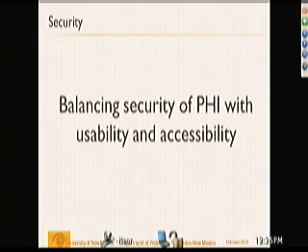And what you're trying to do here is balance the security of your protected health information with usability and accessibility. So obviously, yeah, we could lock all this stuff down completely, and nobody can get to it, but, well, nobody can get to it, so what's the use of the information? You make it so usable that anybody can get to it, well, it's going to be hacked, and people are going to be publishing everyone's health information online, and it's a mess.